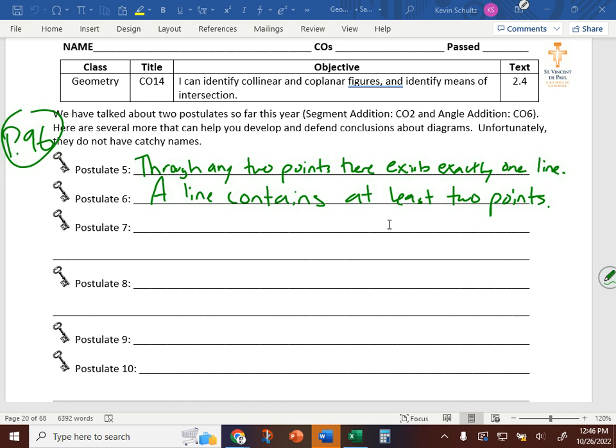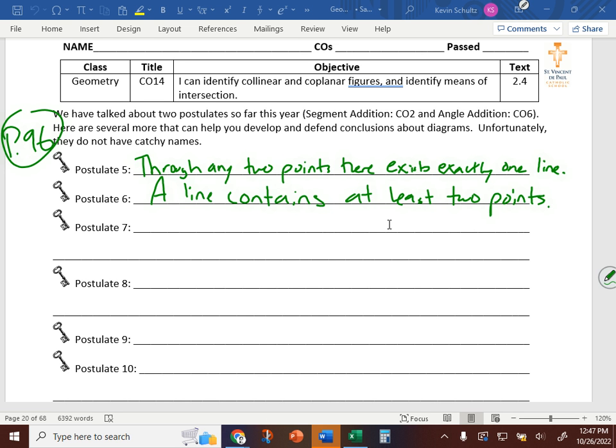A line contains at least 2 points. It's not quite the converse of postulate 5, but it's very similar, right? If you know you have a line, you know that you have 2 points on it, such as the y-intercept and the x-intercept, or the y-intercept and some other point given by the slope.